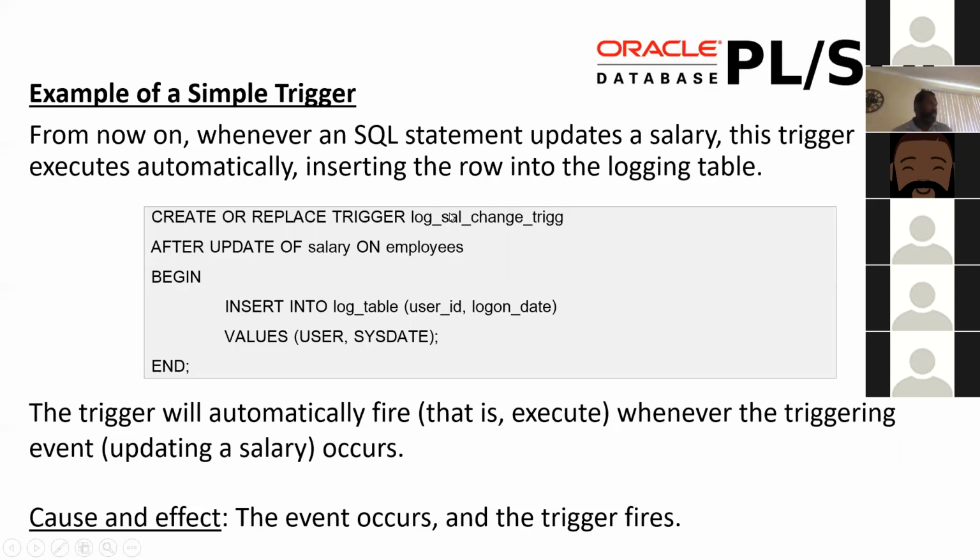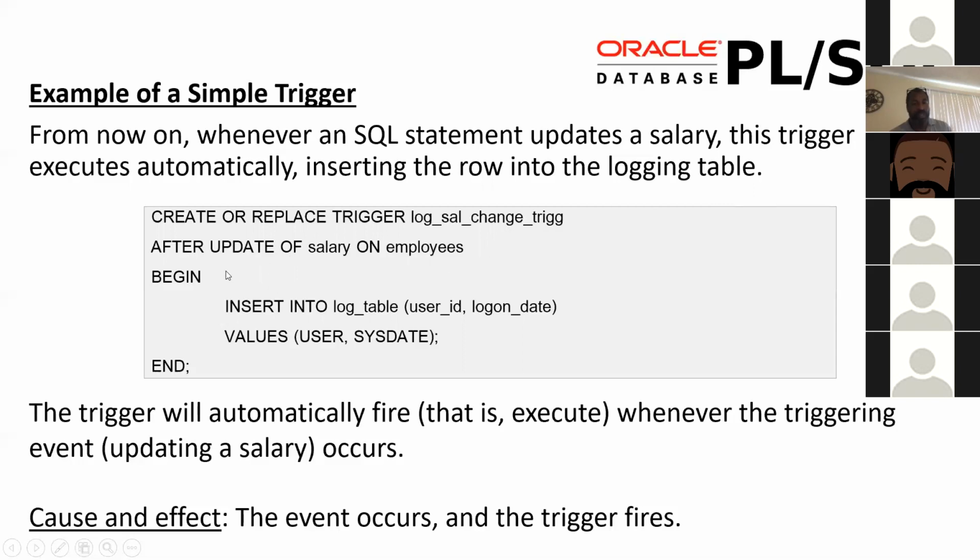So here's a very basic example. Using the previous example about salary, the trigger will fire if that particular column changes in, let's say, the employees table. To describe this example, remember, it's just another named program. Create or replace trigger, and the trigger name is log_salary_change.